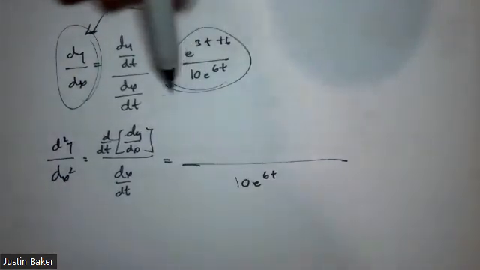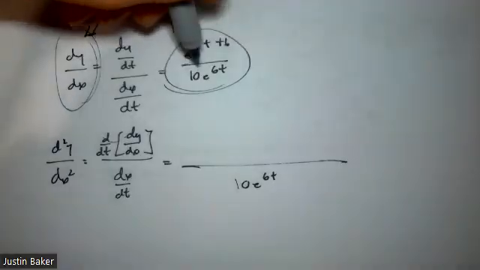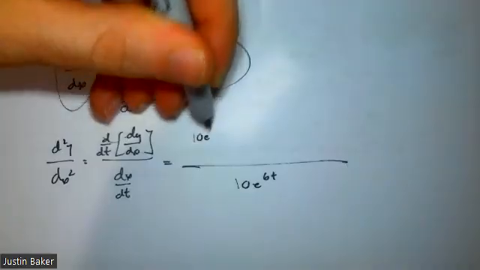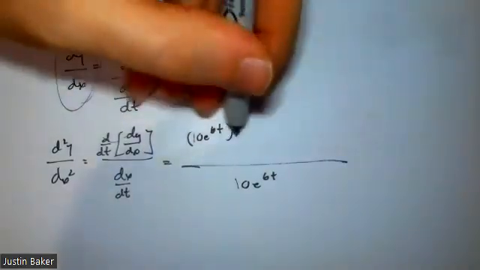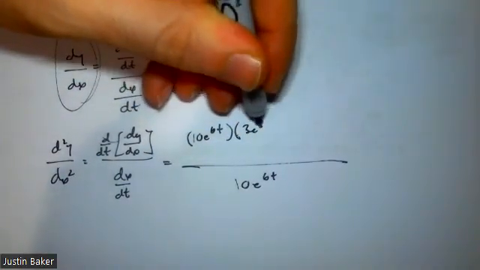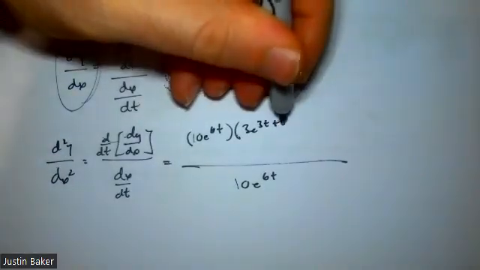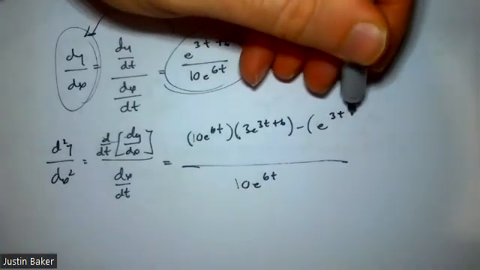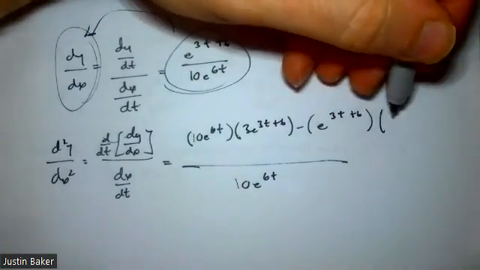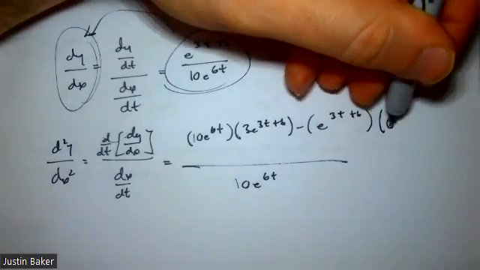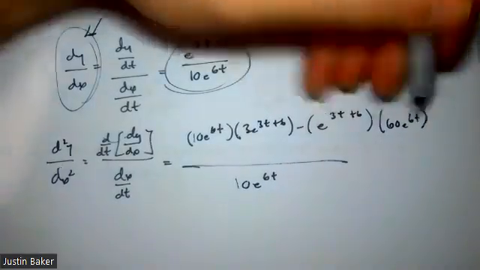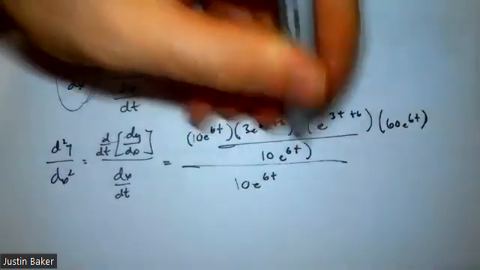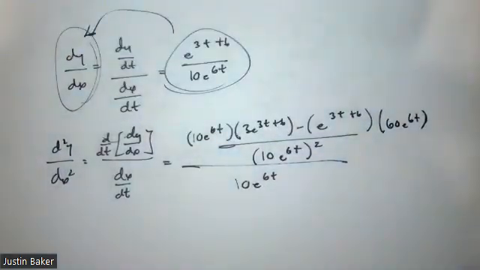So if you quotient rule this up here, this would be bottom, derive the top, minus the top, derive the bottom, over the bottom squared.